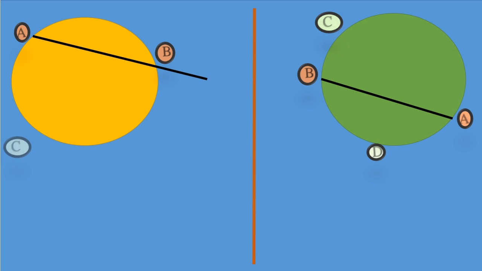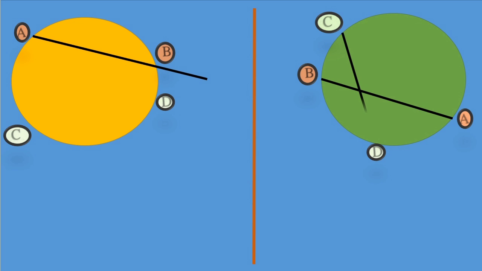But with point C and point D in the second circle like this, if I join C and D, the point of intersection between the chord AB and the chord CD is outside the circle.